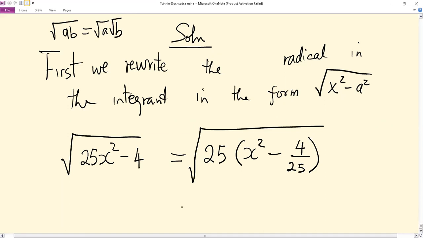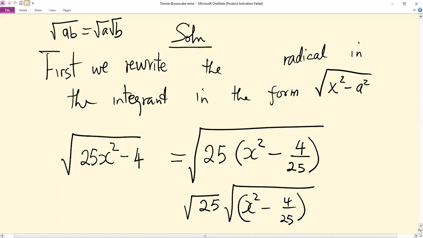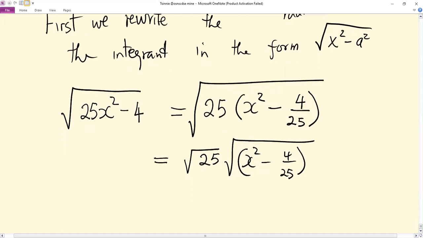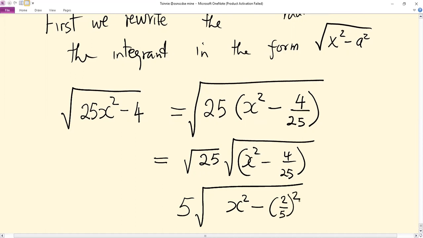So this is the same as root 25 times root of x squared minus 4 over 25. And root 25 is 5, so we can write it as 5 square root of x squared minus 2 over 5 squared.